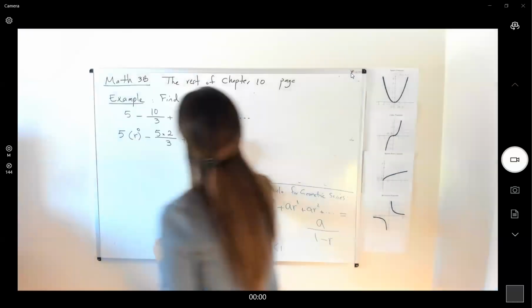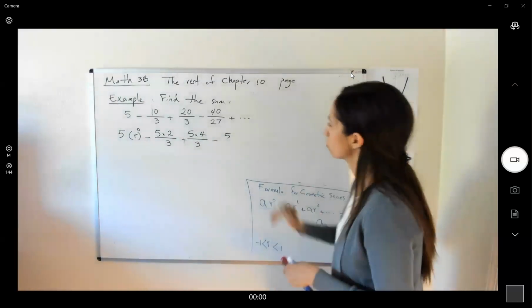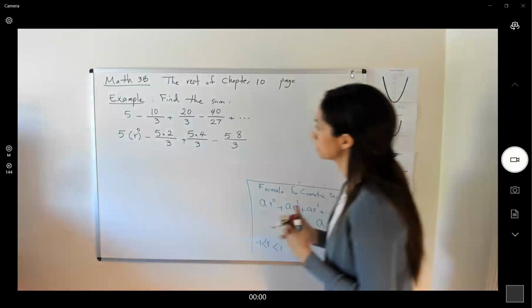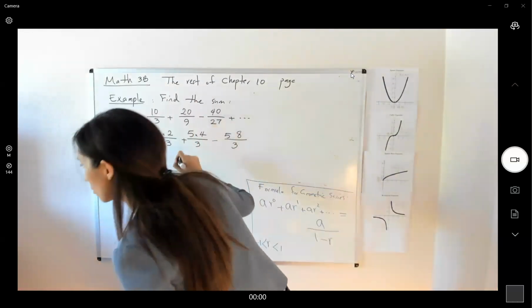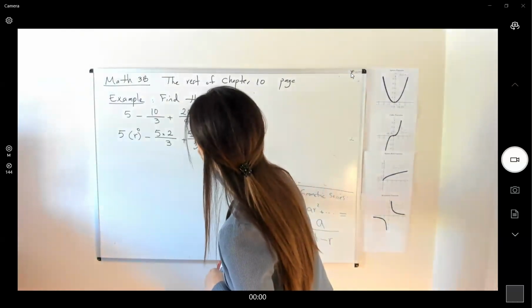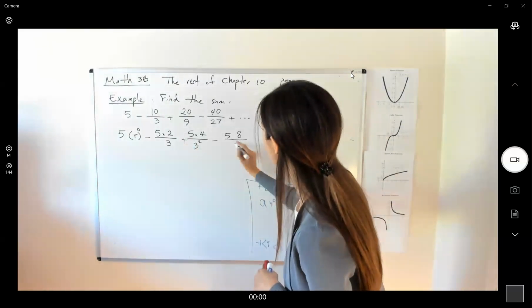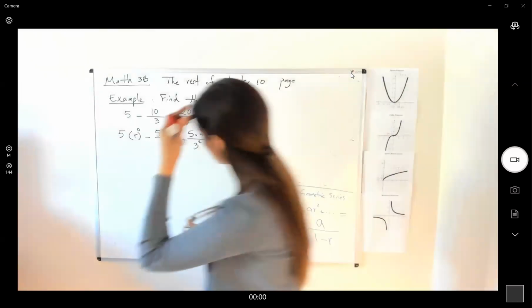What else do I have? I have negative 5 times 8 divided by 27. So I have 3 squared, and I have 27, which is 3 raised to the 3rd power, plus the rest of these terms.